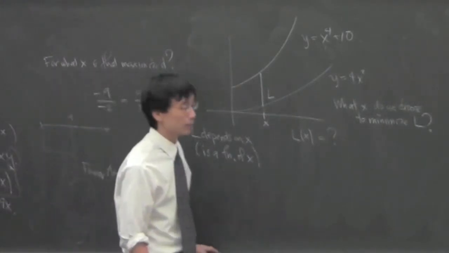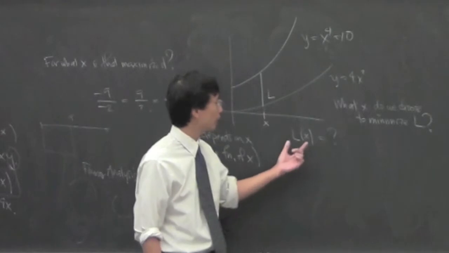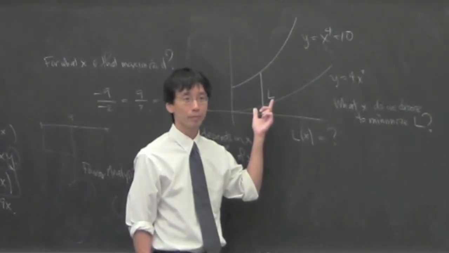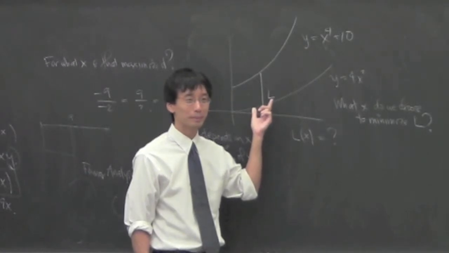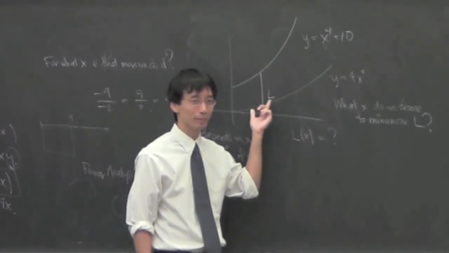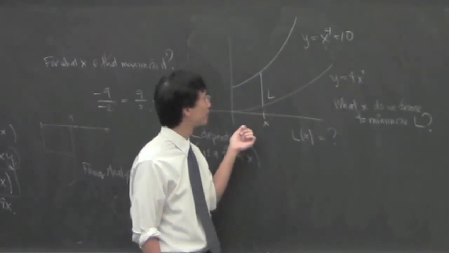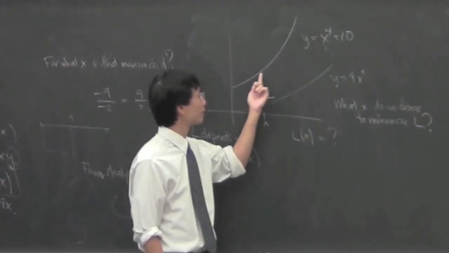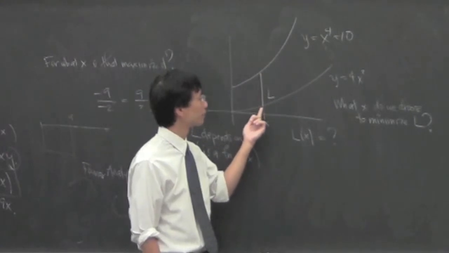Okay, let's see if anybody has ideas. What is L of x? Carol? L of x is the distance between the two roads. So it's the distance between x to the fourth plus 10 and 4x squared.